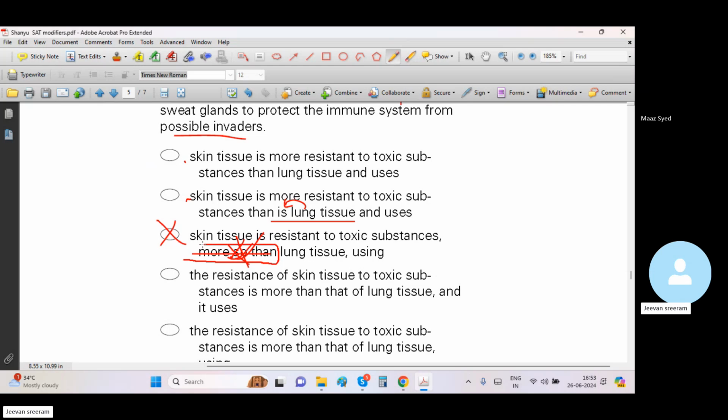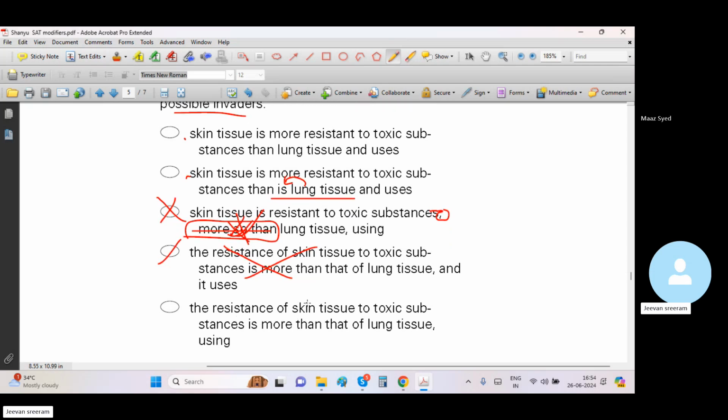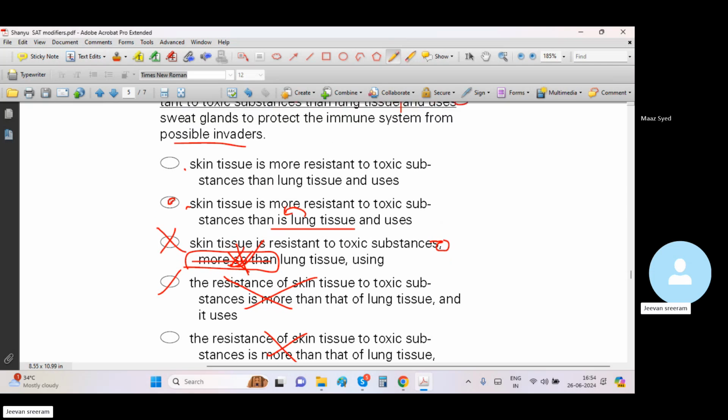At least there it must be "more than," right? Yes. Okay. The resistance of the skin tissue to the... oh my god, he is completely changing the meaning. So the right option is B, accurate, because we got "is" here.